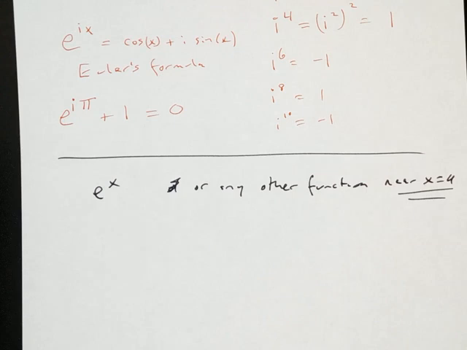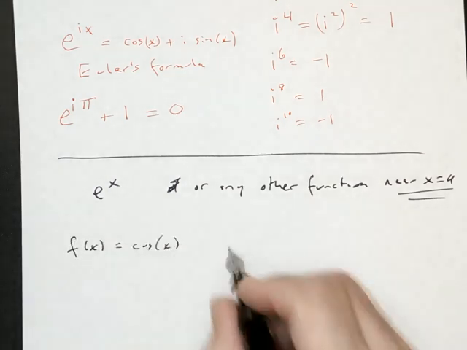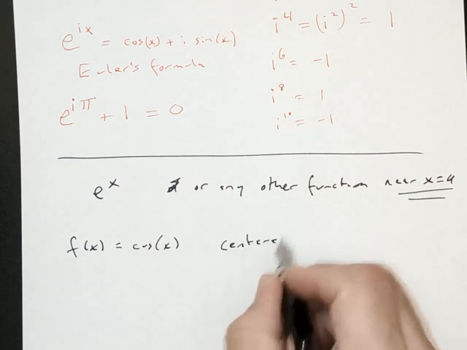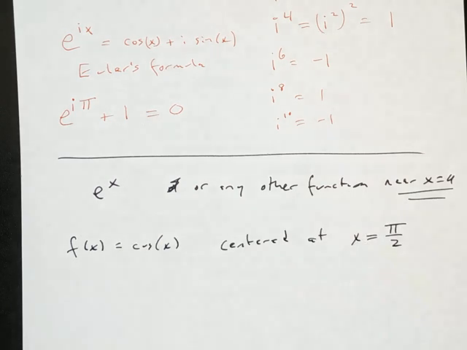It would be useful to think about cosine near pi over 2. Now, one of the questions I get asked is, why is it useful to think about this?